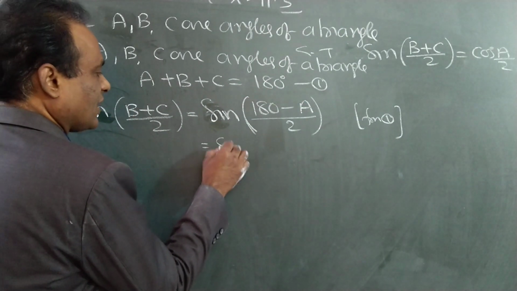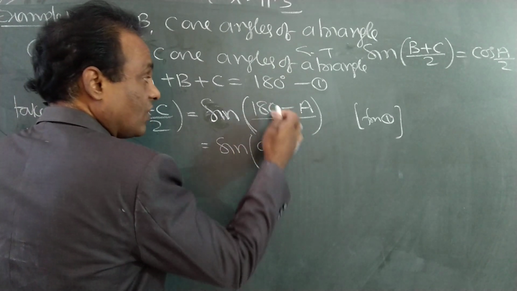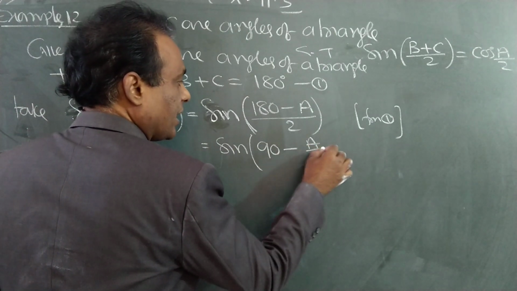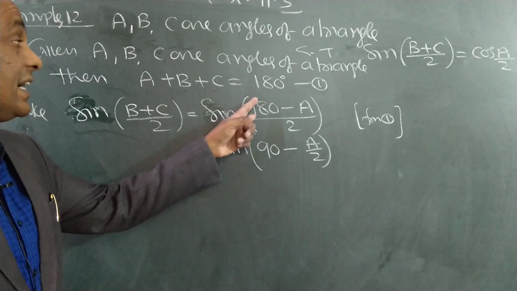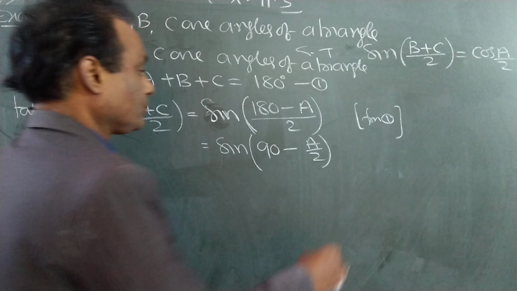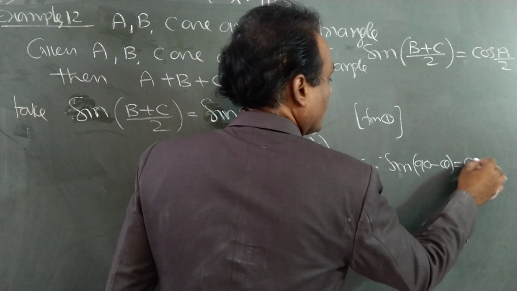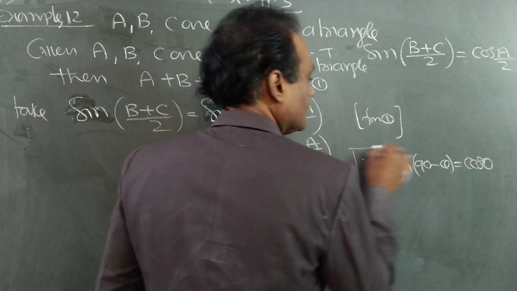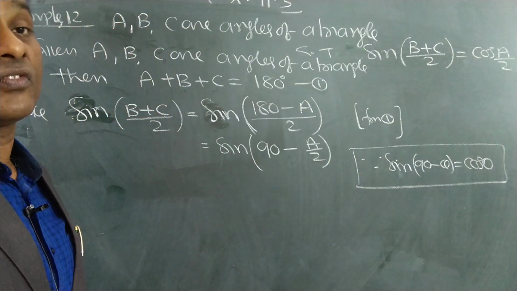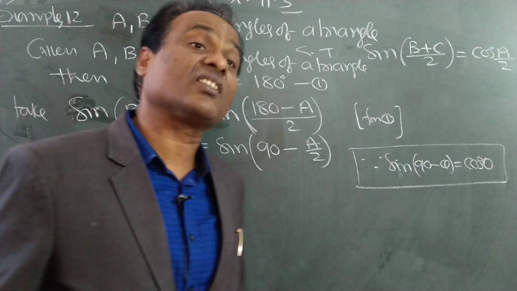Now, sin of (180 by 2 is 90) minus A by 2. What is sin of (90 minus theta)? It is equal to cos theta. See the formula, complementary angles formulas, I derived all of them. Sin of (90 minus theta) is cos theta.